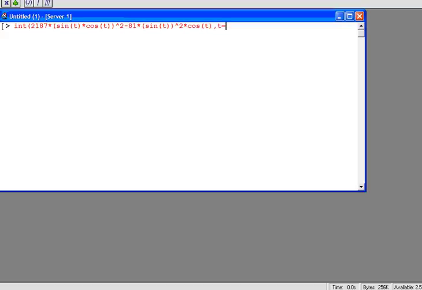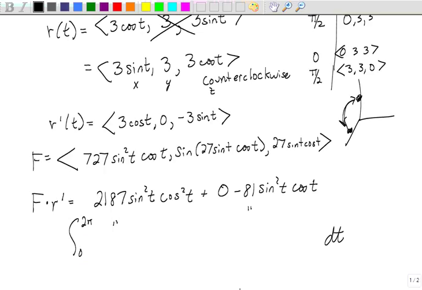And I want t to go from 0 to 2 times pi. And we get that. If you want to evaluate it, that's the exact answer. If you want to get the approximate answer, we get 1,717. Okay, so that takes care of the integration.